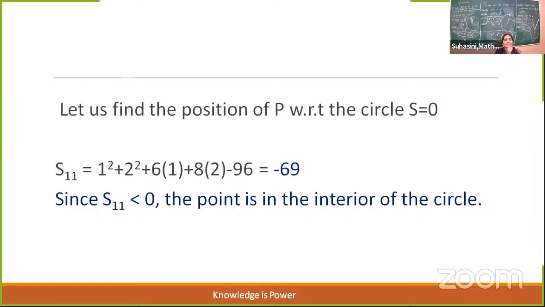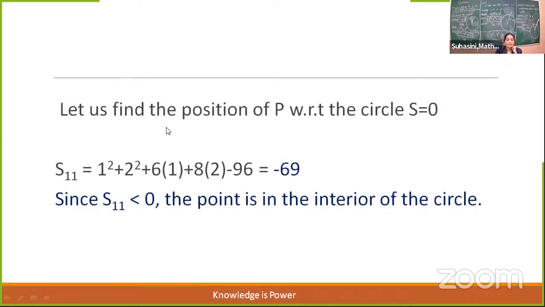If S11 is less than 0, that is, it comes out negative, then the point lies inside the circle. Sorry, S11 less than 0 gives us that the point is inside the circle.